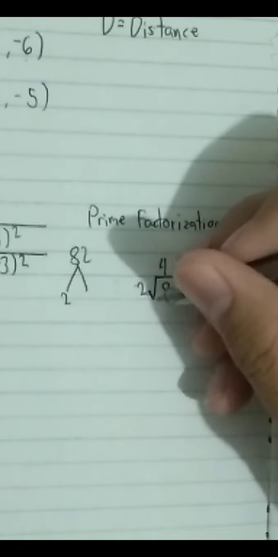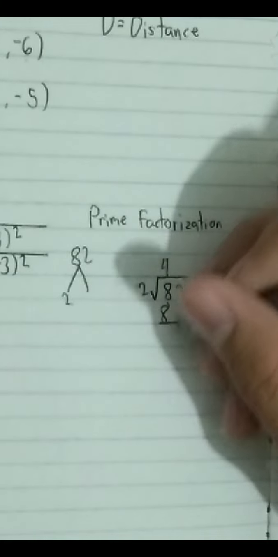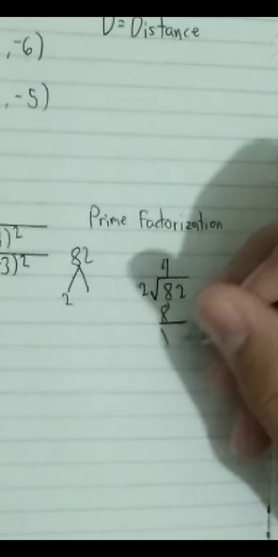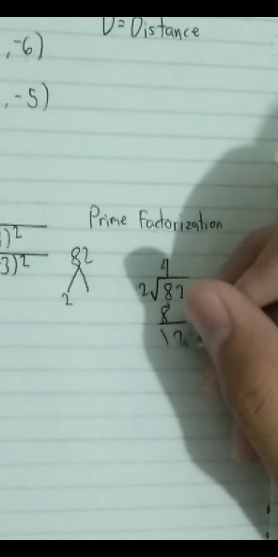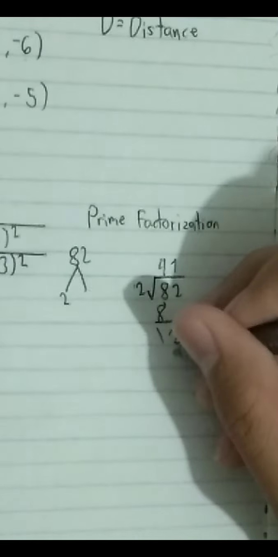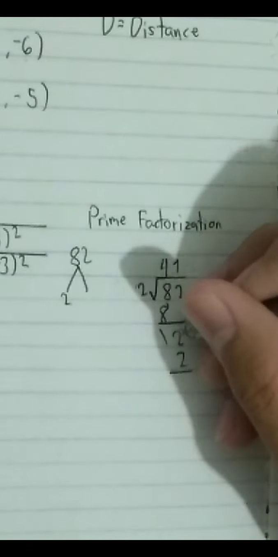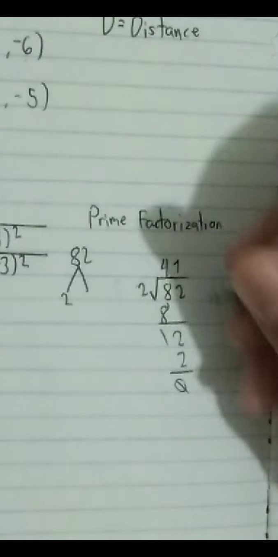Let's put the 8 here. Then 8 minus 8 is equals to 0. So yeah. Then let's bring down 2. So 2 divided by 2 is equals to 1. Then let's bring down 2. Then 2 minus 2 is equals to 0.